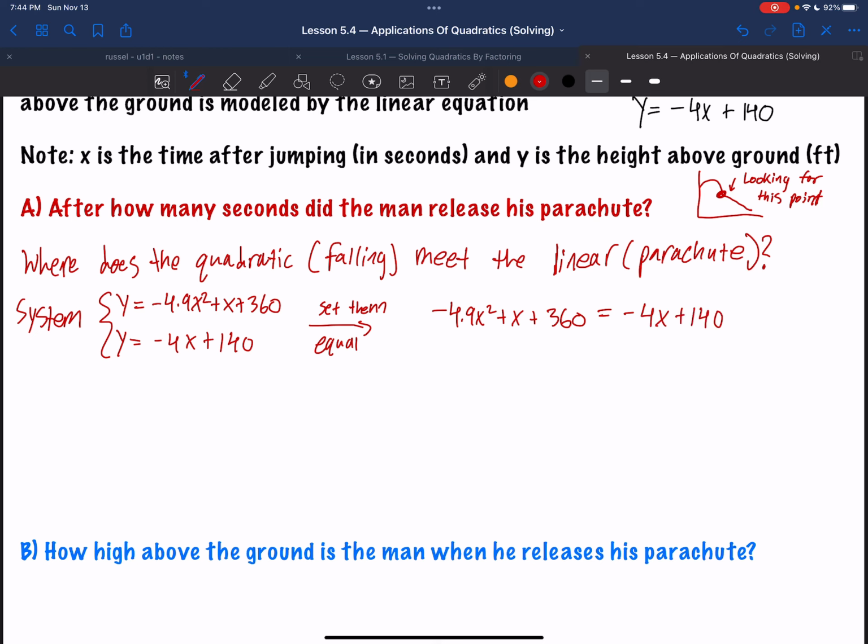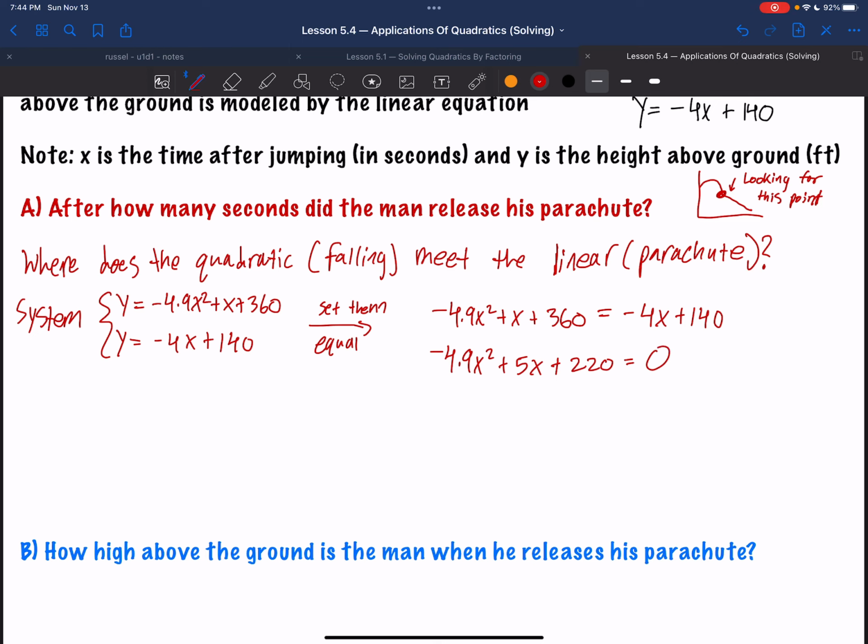Putting this into standard form, add 4x and subtract 140, I get negative 4.9x squared plus 5x plus, what's 360 minus 140? Is that 220? Equals 0.